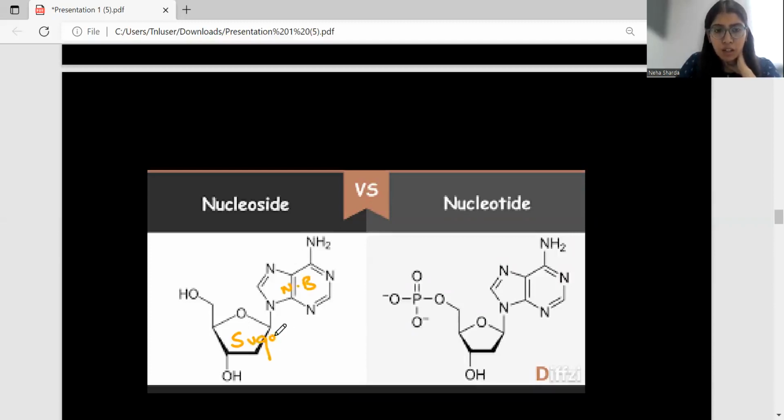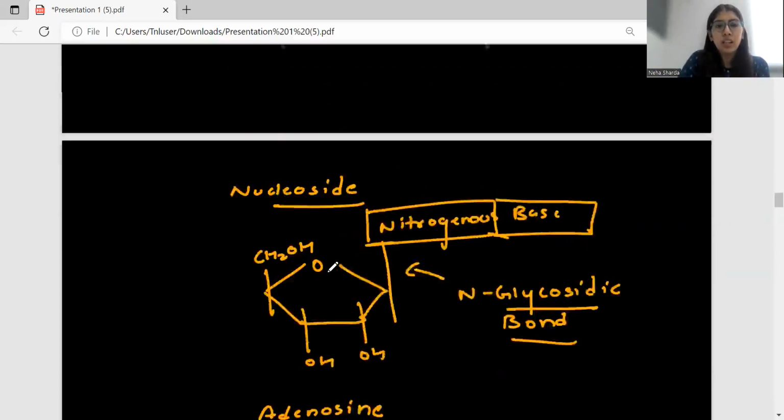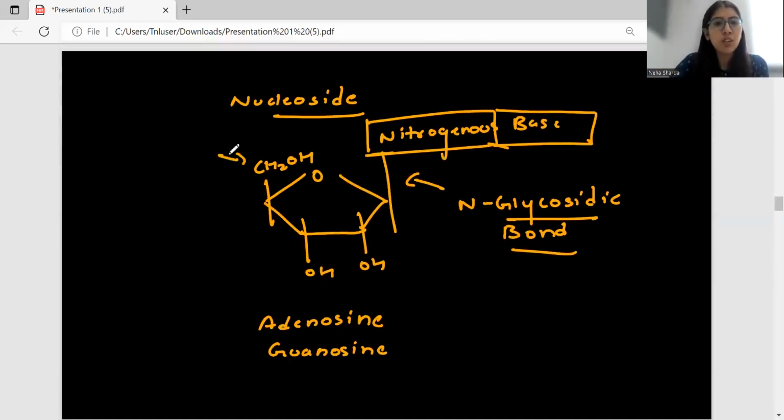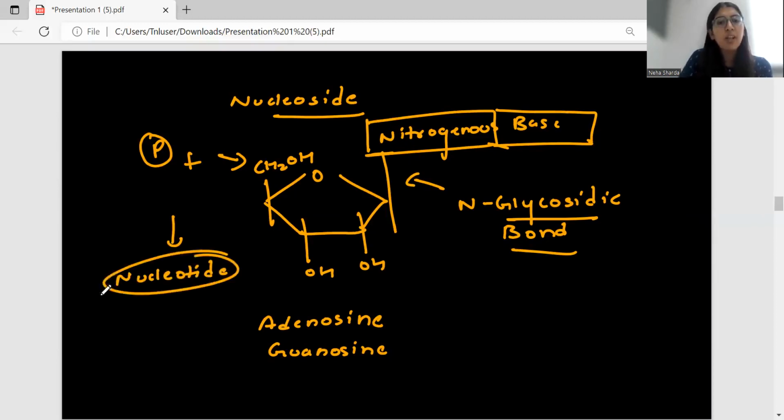When a phosphate group is attached to this nucleoside, it will form a nucleotide. And nucleotides can be nucleotide monophosphate, nucleotide diphosphate, or nucleotide triphosphate.